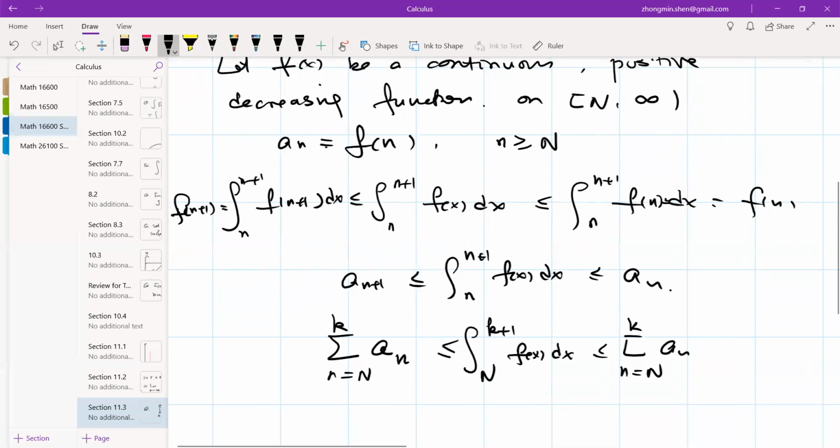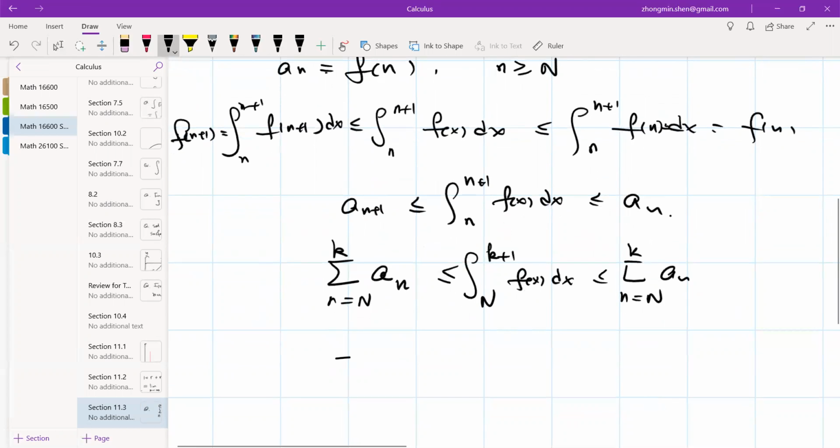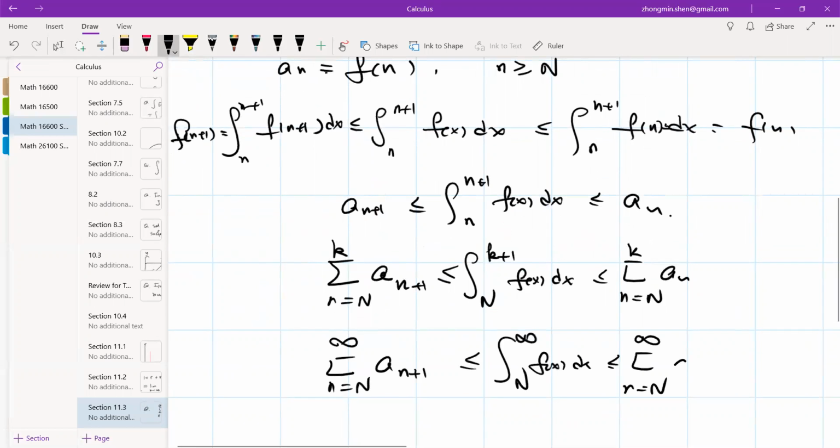So now the convergence of the improper integral gives you the convergence of the series. So what you can get is less than or equal to, if you let k go to infinity. Okay. So great.